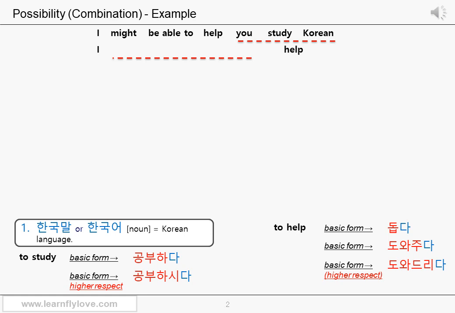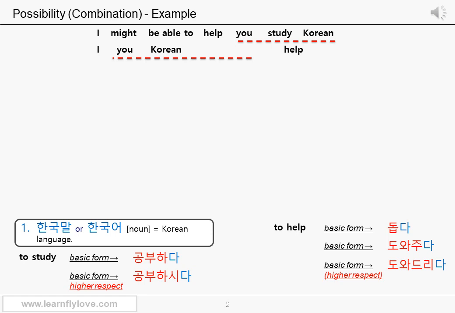You need to rearrange the words in the clause you study Korean because it also consists of a subject, object, and verb. Let's place the subject of the clause you first, and then the object of the clause Korean, and then put the verb of the clause study at the end of the clause.